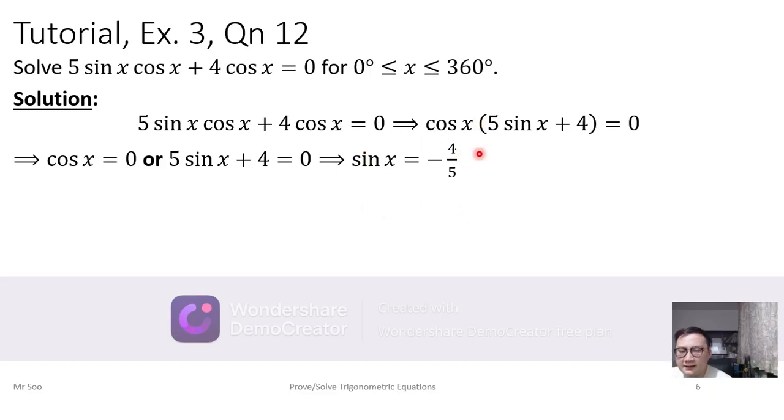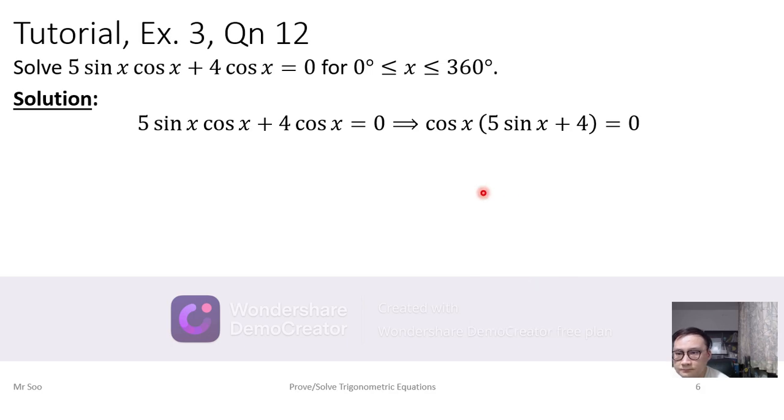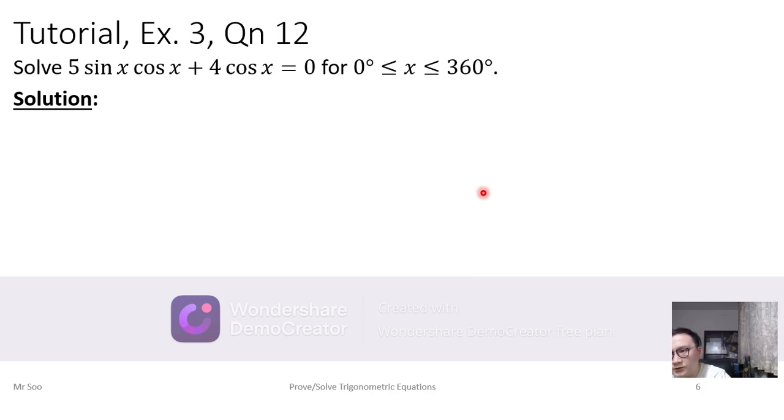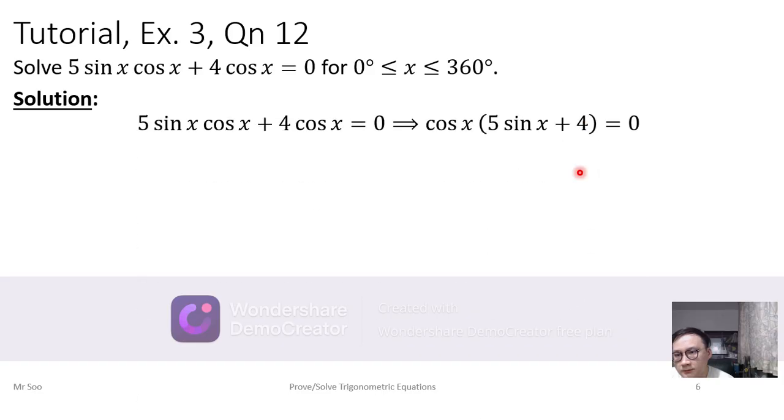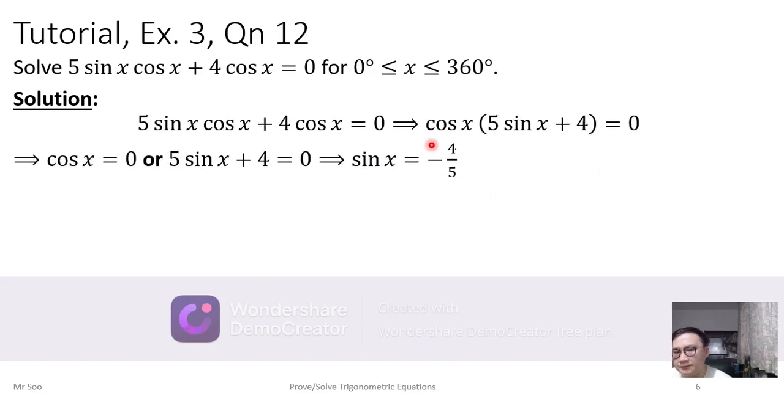Note that in question 5, my tangent x is positive, correct? But now in question 12, my sine x is negative. So when you find the reference angle for sine x equals minus 4/5, we will take inverse sine of positive 4/5, not inverse sine of minus 4/5.